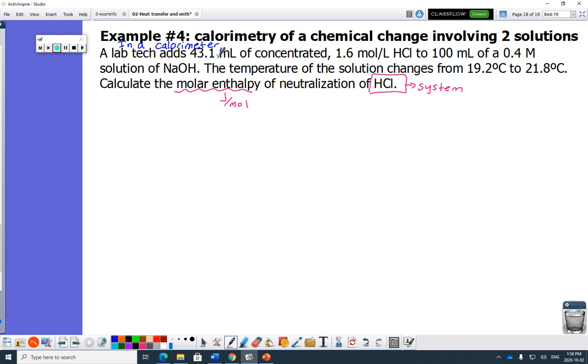Okay, so now our system is HCl. So we have moles per liter, which is big C. Nowhere is there grams, right? So it's not a solid this time, it's not a mass.